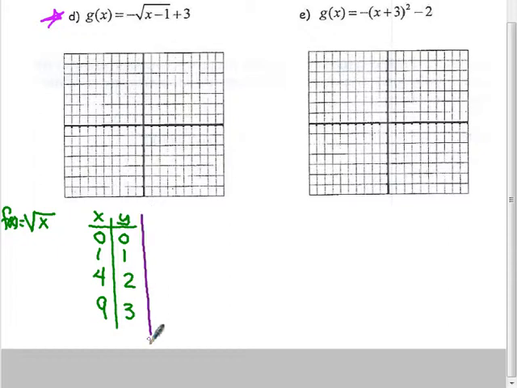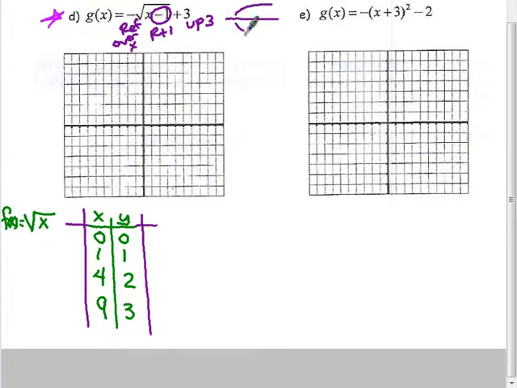Now we want to do transformations. We want to say, well, what happened? Because I started off with just the square root, but then 3 things happened, right? We went right 1, we went up 3, and we reflected over the x. So if I started like this and then I reflected over the x, what values is that changing?